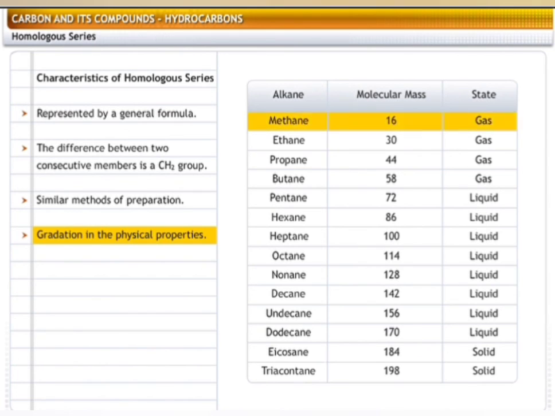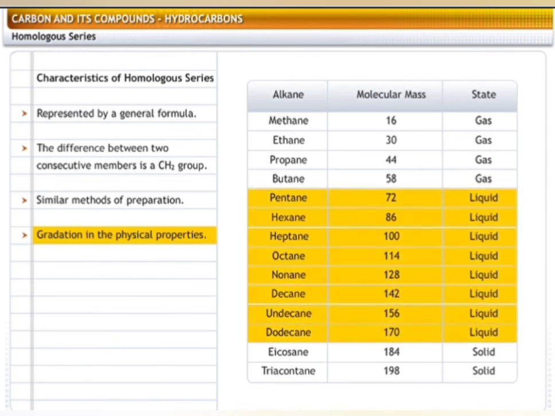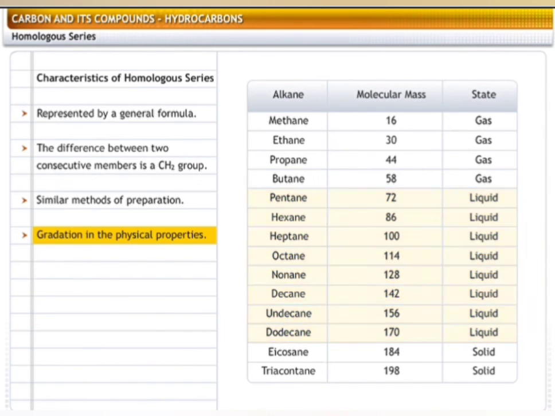For example, methane, ethane, propane, and butane exist as gases. Alkanes from pentane to dodecane exist as liquids, and higher alkanes exist as solids. So, with an increase in the molecular mass, there is a gradation of physical properties.